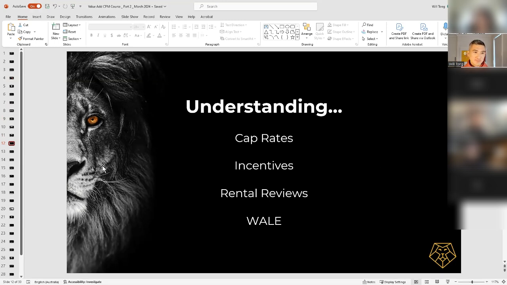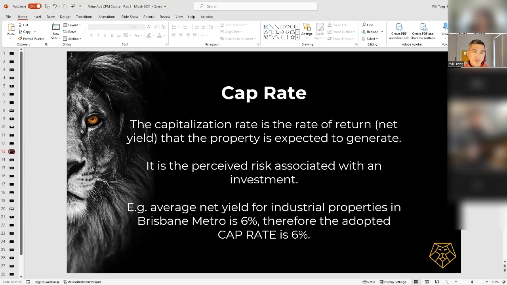Okay, so why is cap rate important? Because cap rate is what most investors and valuers use to value a property. And what a cap rate basically means is the expected rate of return on a particular property, and that's usually explained on a net yield basis.